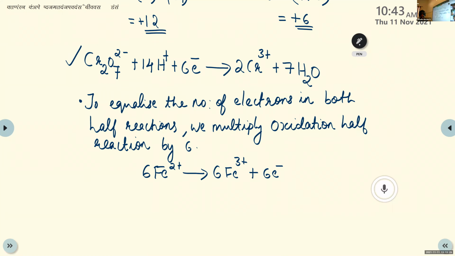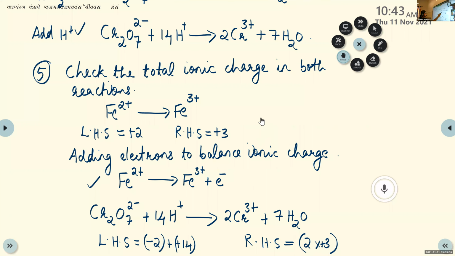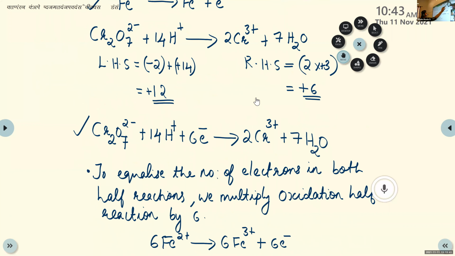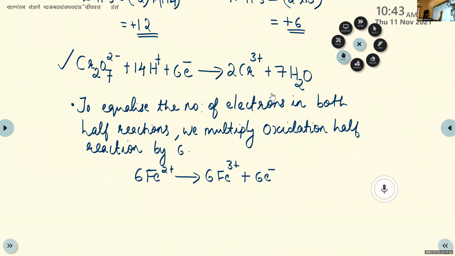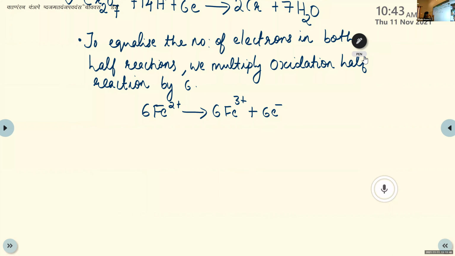Okay, that's the last step. Sixth step. Add 2 half reactions.